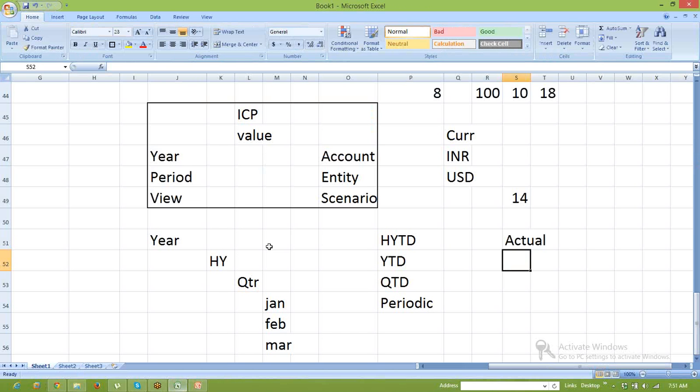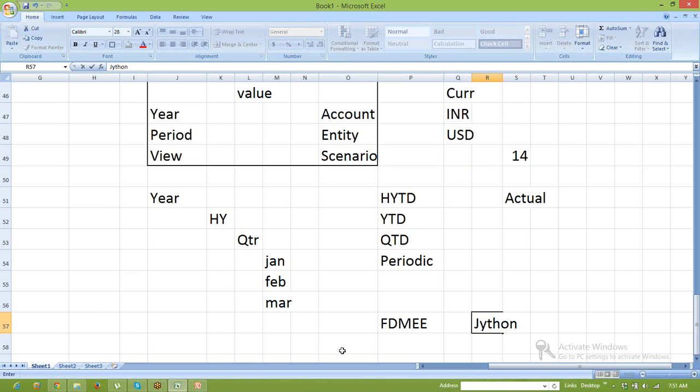11.1.2.3, and we have FDM 11.1.2.3. FDMEE is used from 11.1.2.3 onwards, and there you go with Jython as the scripting language for FDMEE instead of VB. Yes, that's right, they use Jython. No one is ready to learn Jython as of now, and I am also new to it. It's a mix of Java and Python.